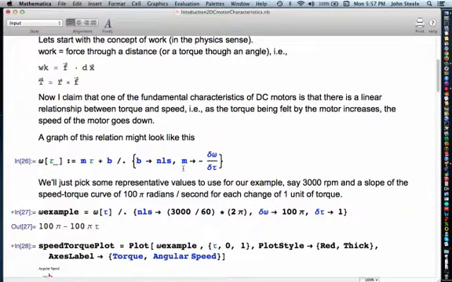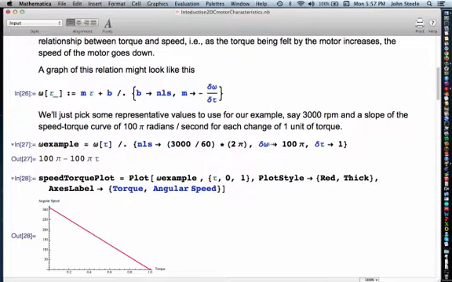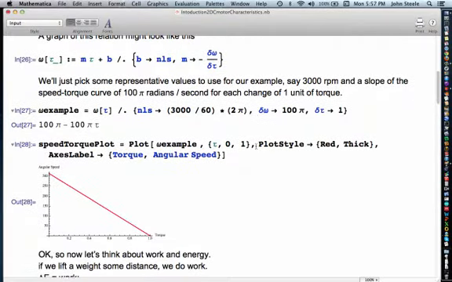the speed decreases. Okay, so I just picked some numbers here, say 3,000 RPM. Note that we have to change that into angular velocity of radians per second. And for the speed torque, we're going to say that no load speed is equivalent to 100 pi radians per second.